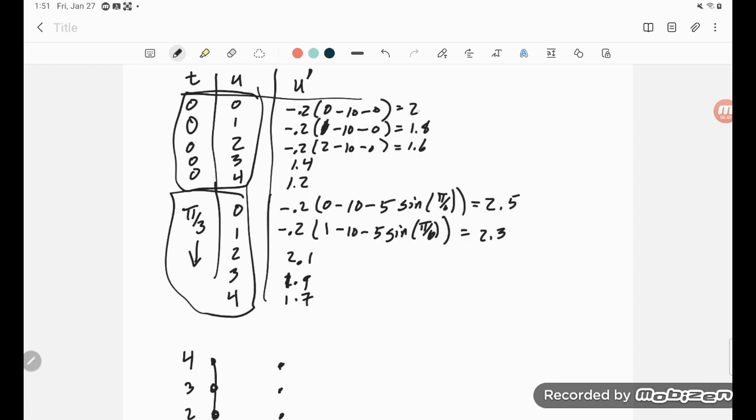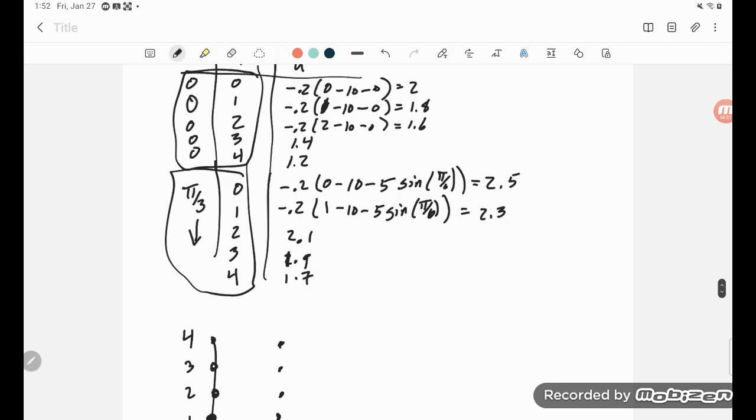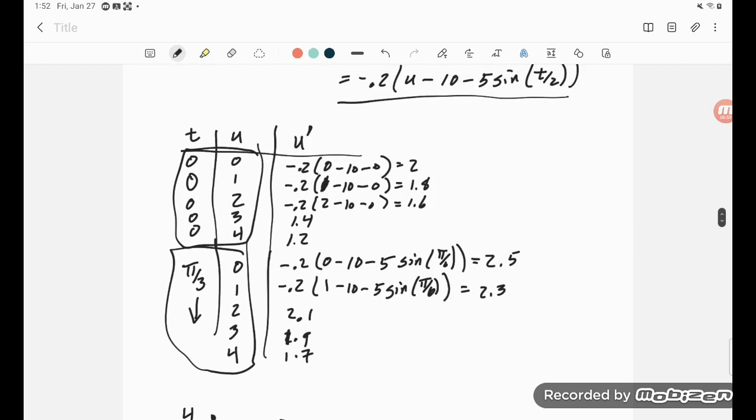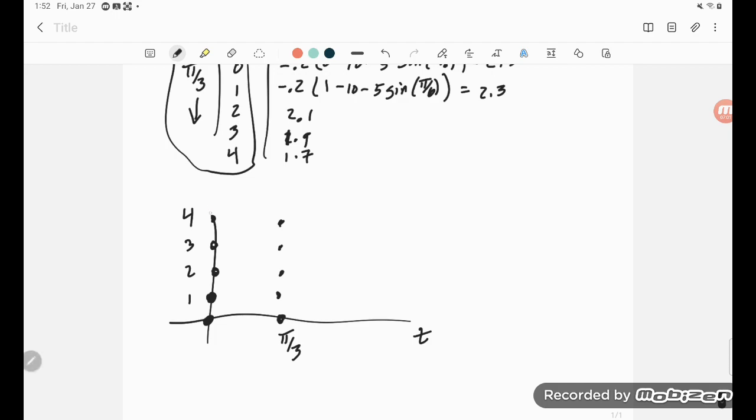But now, what I'll do is, at each of those points, I'll draw a short little line that has the slope that I got here. So I had a slope of 2, and it went down by 0.2 as I went down. So 2 would be a pretty steep slope, a little bit less, a little bit less, a little bit less, and something very close to 1 there.